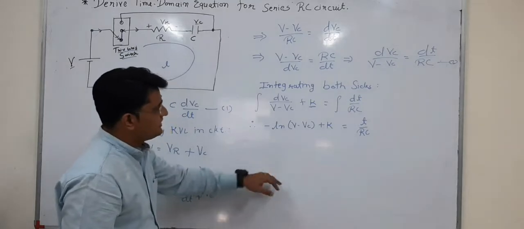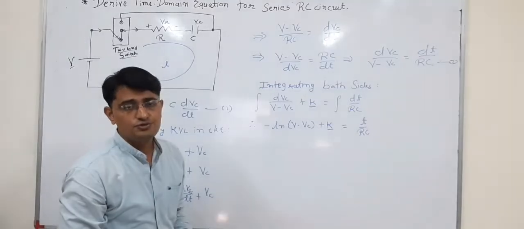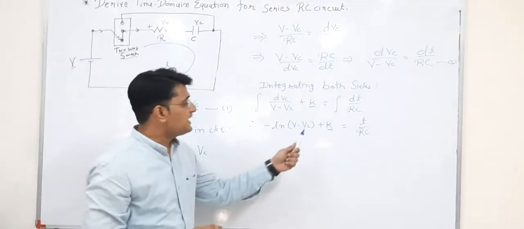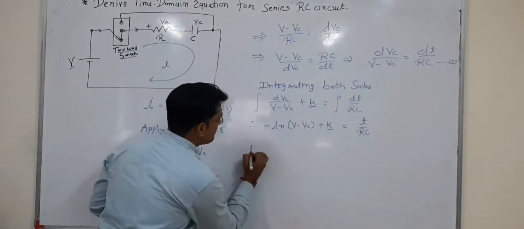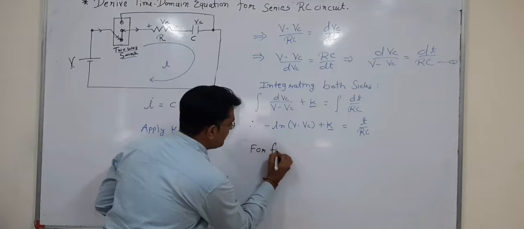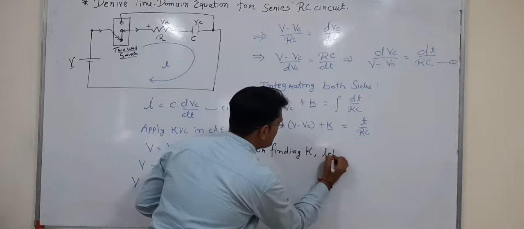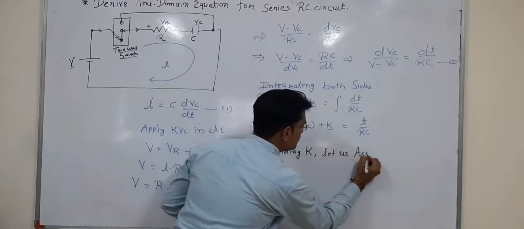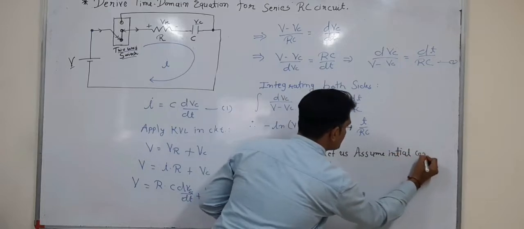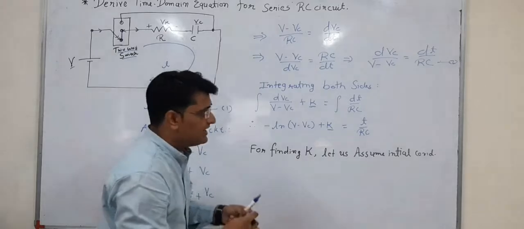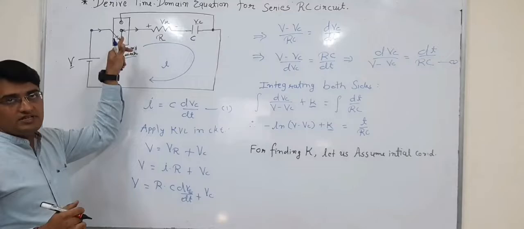Now to find the value of k, we should assume the initial condition. That means at time t equals t1 I have turned on this switch.